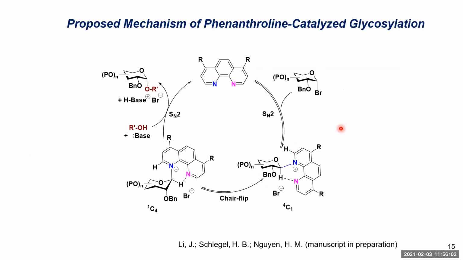With those 2 conformations, I propose a new catalytic cycle where this phenanthroline reacts with the glycosyl bromide and gives us this 4C1 chair conformation of a glycosyl phenanthrolinium intermediate. And by chair flip, we get to a more reactive intermediate in a 1C4 conformation. And this more reactive intermediate leads us to the final product.